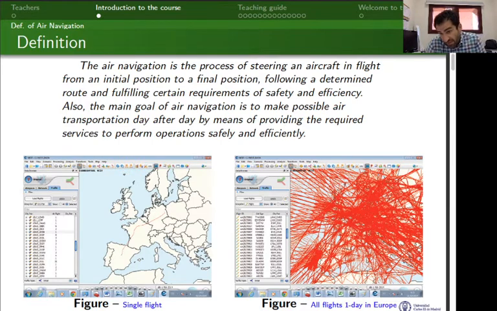And thus, air navigation also has to do with all those processes that make possible air transportation day after day. And here we always talk about air traffic management, airspace management, so how the airspace is structured, air traffic flow management, how flows are organized to identify hotspots and eventually avoid them, avoid potential danger.